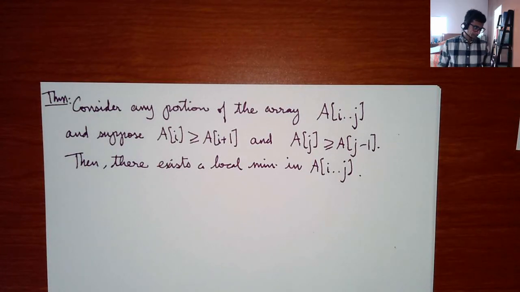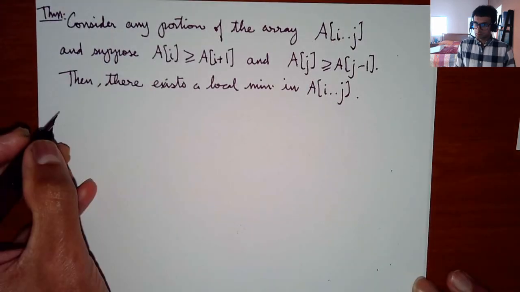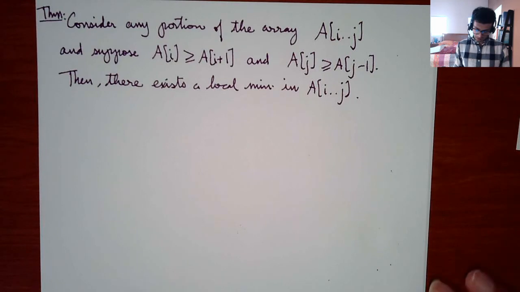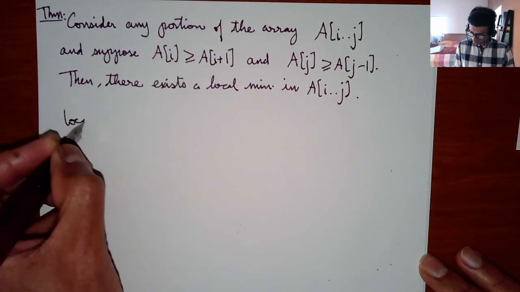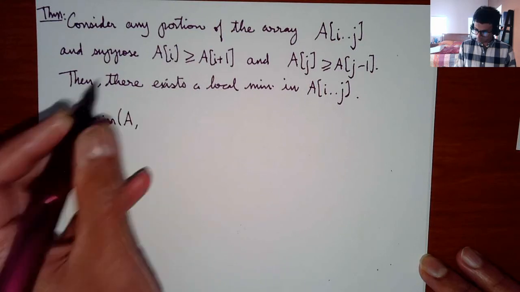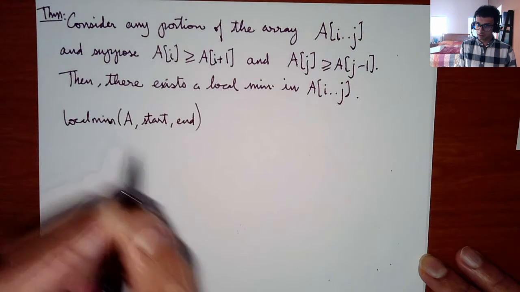Okay? So now let me give you the algorithm. I'll write it a little bit more formally so that you see the idea. I'll call it local min of A, and we'll take two parameters, start and end.